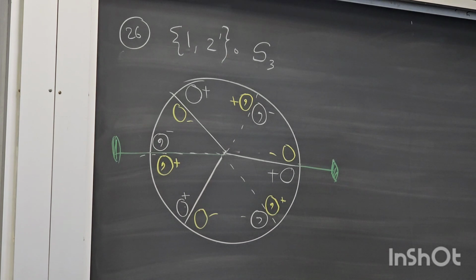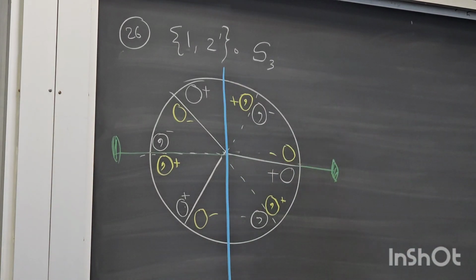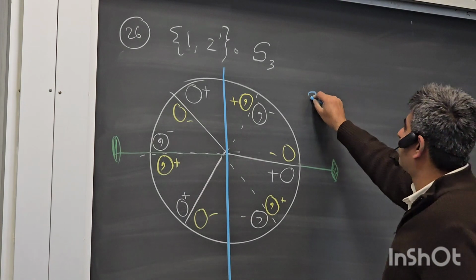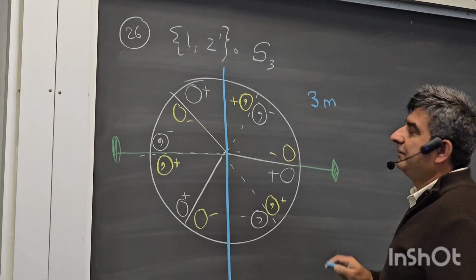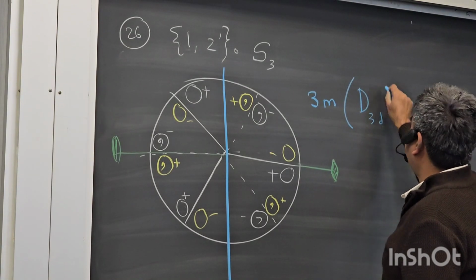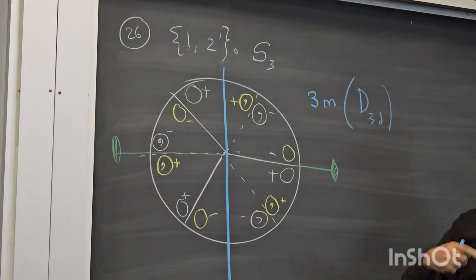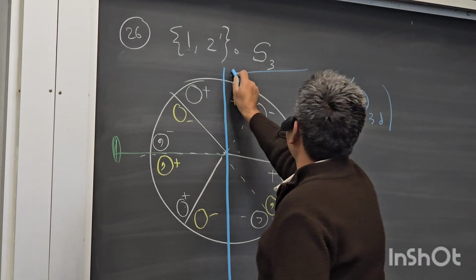No. This is the middle plane. So the symbol for this is 3M. And whole rotation D3D. This mirror plane that is formed by the action of a dihedral axis is called a dihedral plane. This is a dihedral plane.